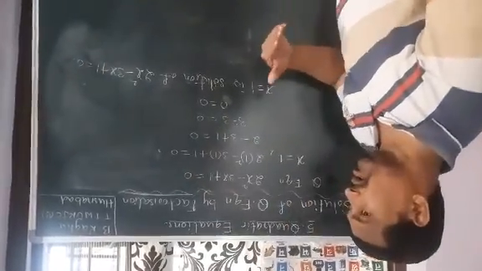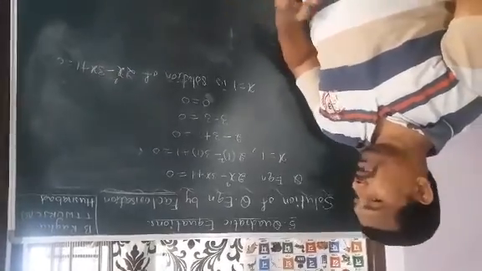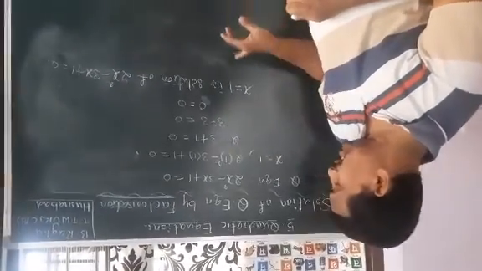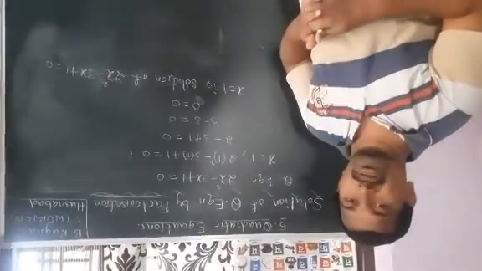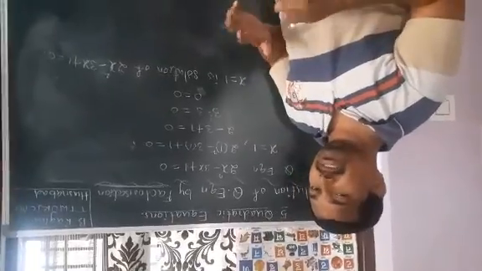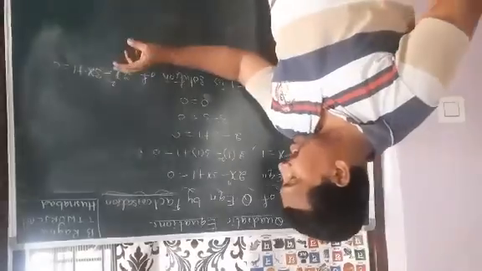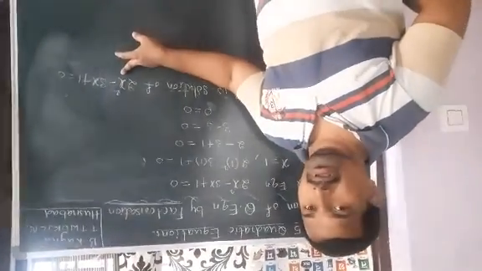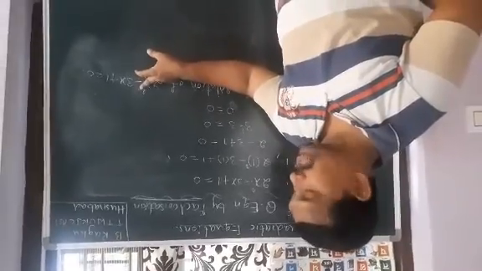If you have any doubts, anyone can ask. Sir, here x equal to 1 is the solution. Is there any other solution? How many solutions may a quadratic equation have? Means any quadratic equation or any polynomial. What is the highest degree of the variable? Here what is the variable? x. What is the degree of the variable x? 2.